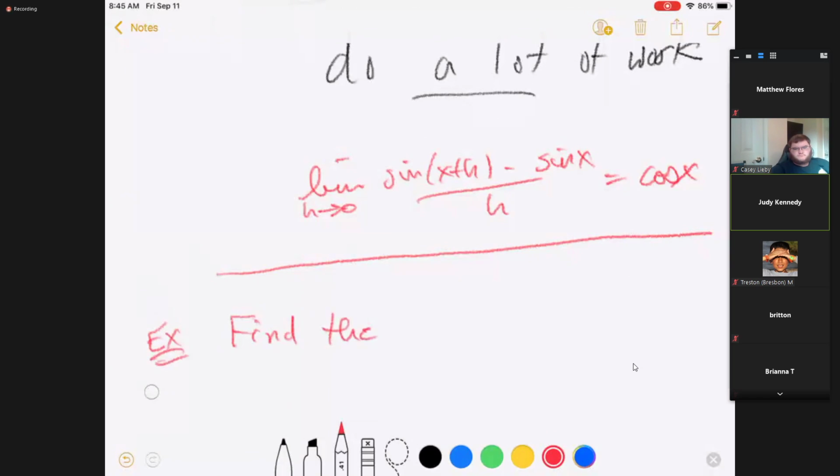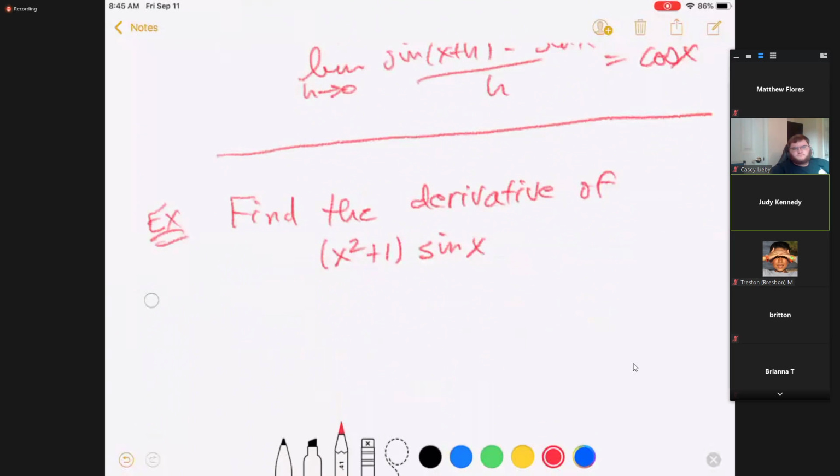Find the derivative of x squared plus 1 times the sine of x. And that's a product of two functions, the sine function and a polynomial function. So we can use the product rule.